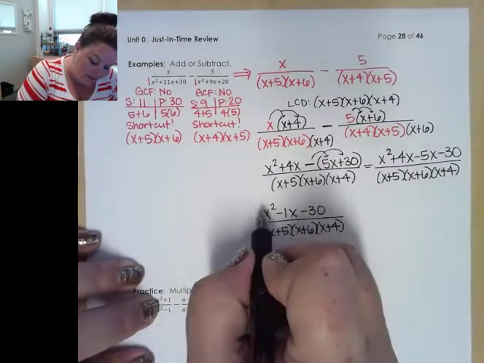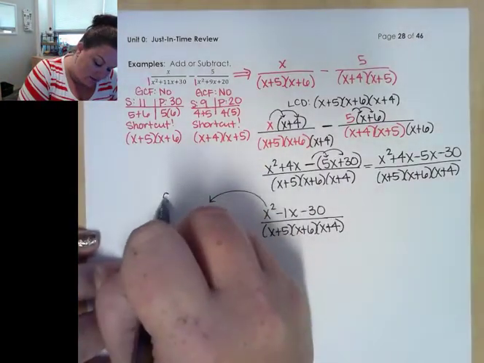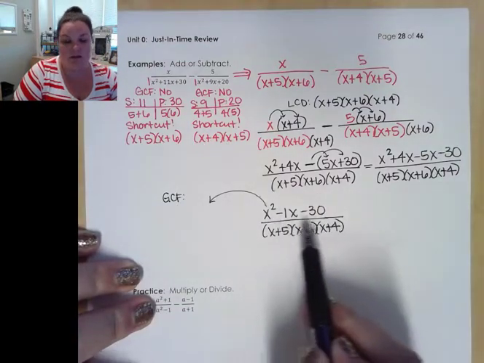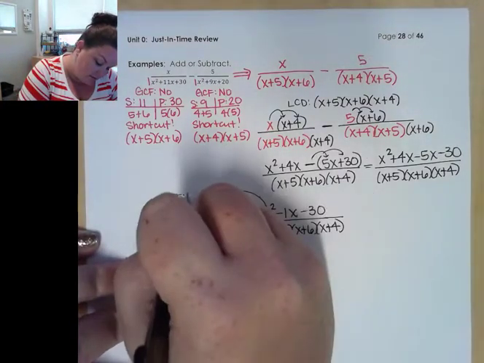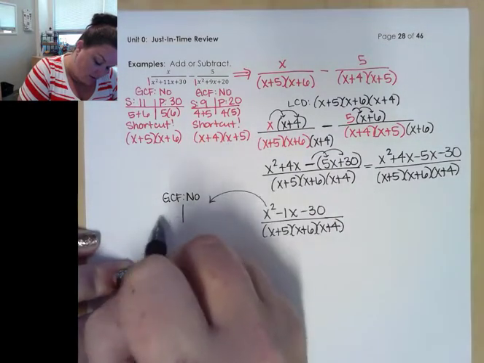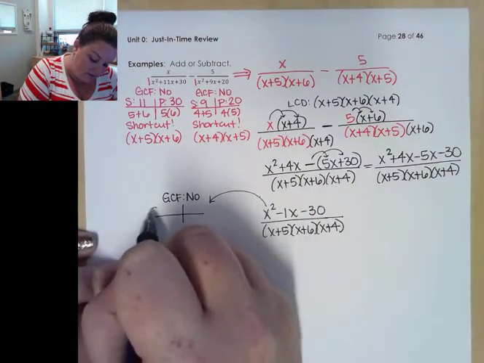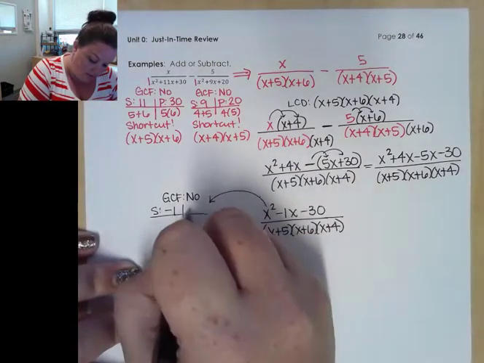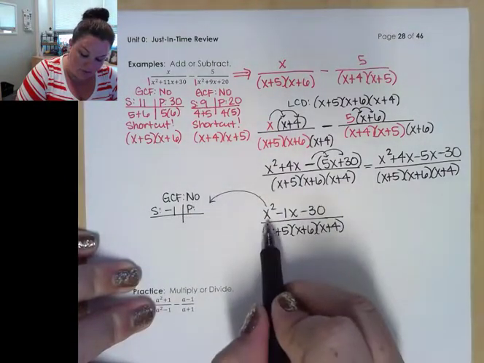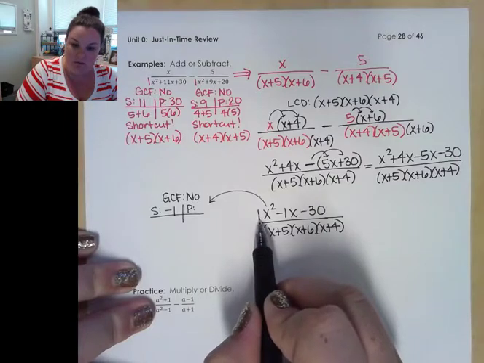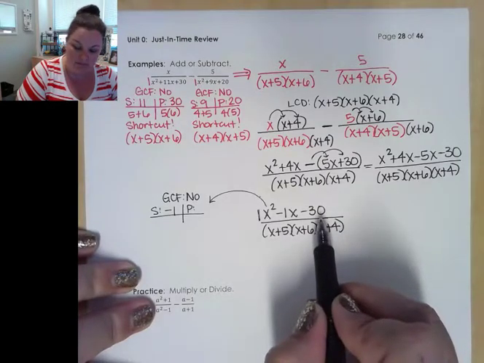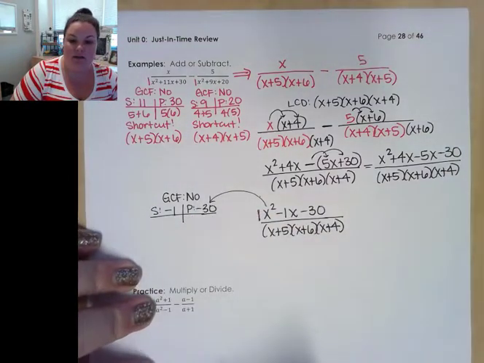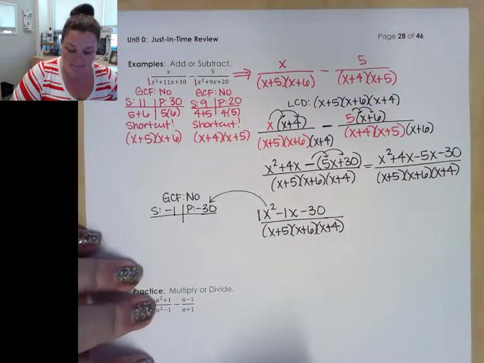Okay, so let's go ahead and see if this guy factors. Greatest common factor. There's no numbers in common, there's no x's in common, so we're going to say no. And then we're going to look at sum product. Our sum here is a negative 1, that's our middle coefficient, right? And our product is our first coefficient, which is a 1, times our last number, which is a negative 30. So 1 times negative 30 is negative 30.